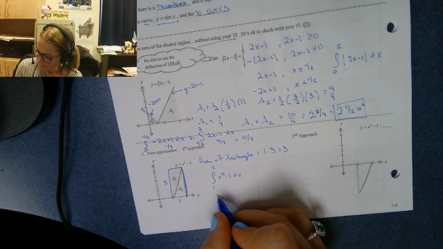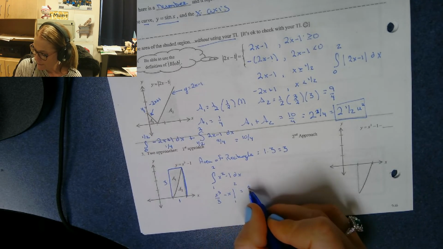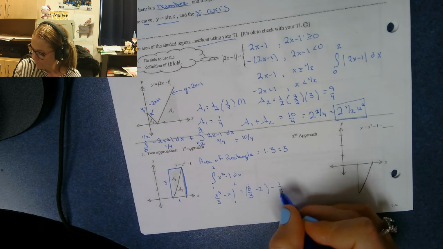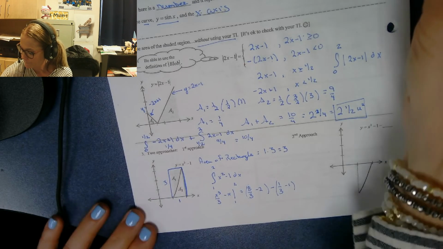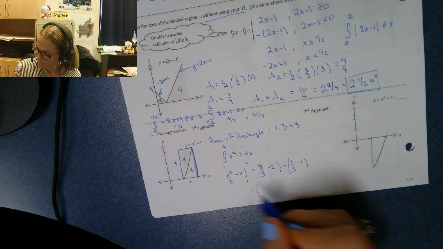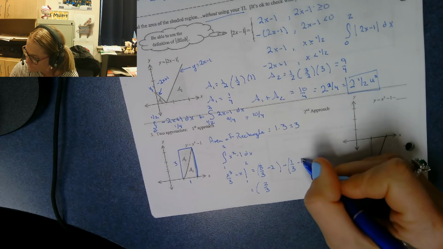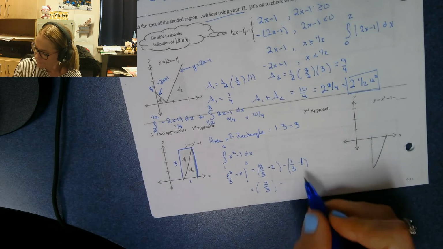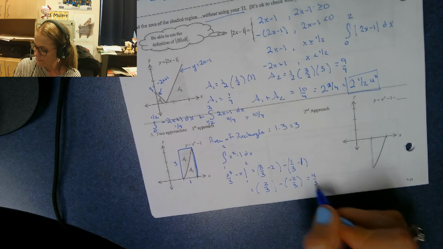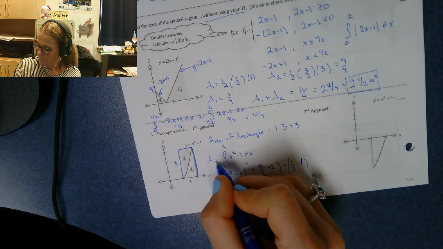Okay, and so that is x cubed over 3 minus x from 1 to 2, which is 8 over 3 minus 2 minus 1 over 3 minus 1. Okay, so this would be 6 over 3, so 2 over 3, and this is minus 2 over 3, so this would be 4 over 3, okay? And so that's the area of the 2, we'll call it area 2.